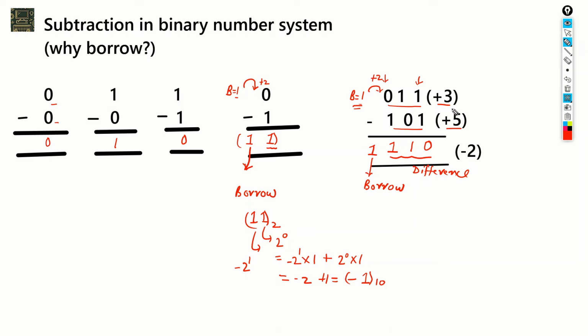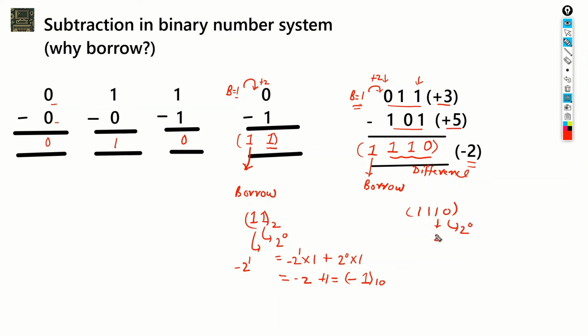and this is what the difference. Right. So we know that when we are subtracting 3 minus 5, we should get minus 2. So if you check the value of this number in 2's complement format, this is nothing but the minus 2 value. Right. So you can check the value here. The weight of this is 2 raised to the power 0.